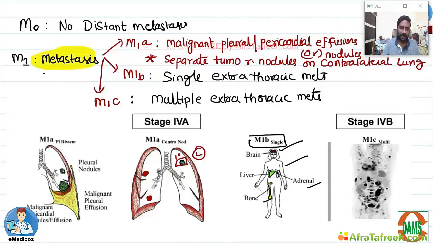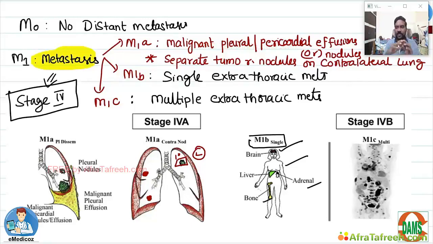presence of any metastasis will make the disease generally inoperable, extensive stage 4. If metastasis is present, irrespective of tumor, irrespective of nodal status, it should be considered as stage 4 disease. And generally, for stage 4, we have stage 4A and stage 4B. So 4A is up to M1A, M1B.